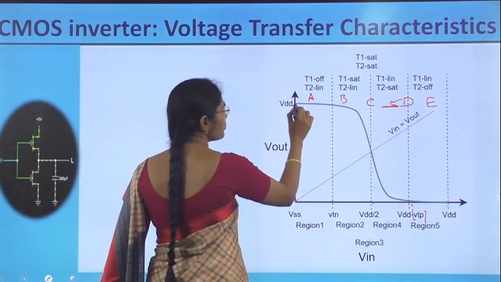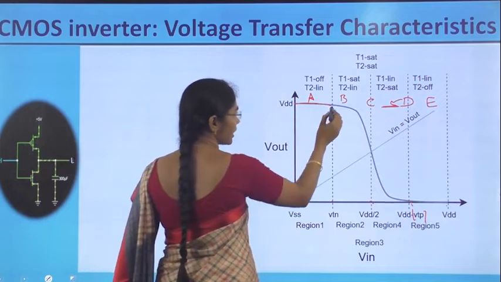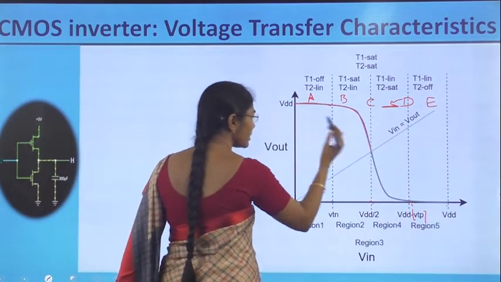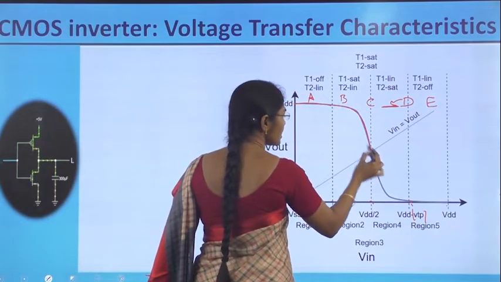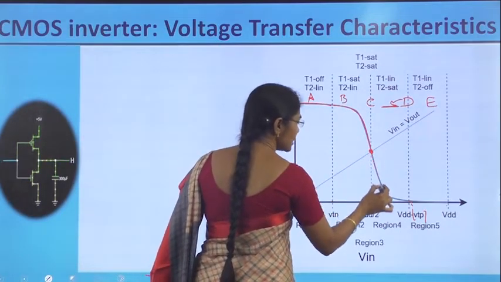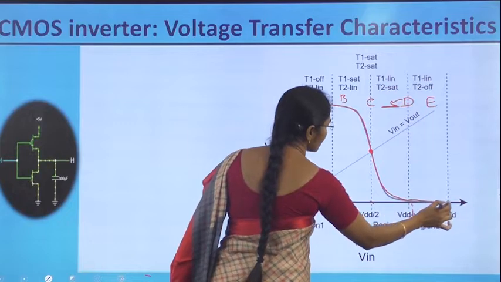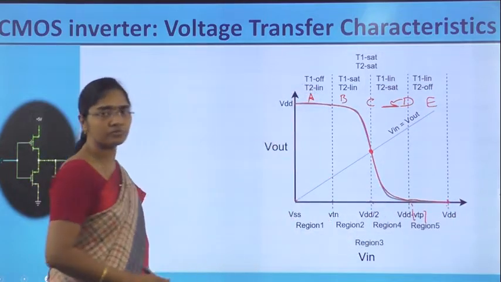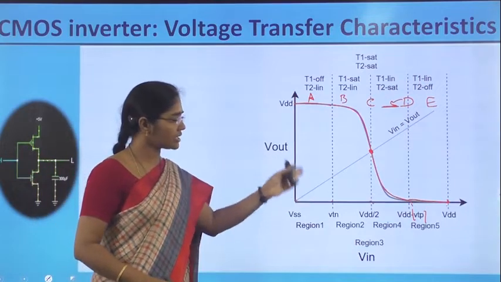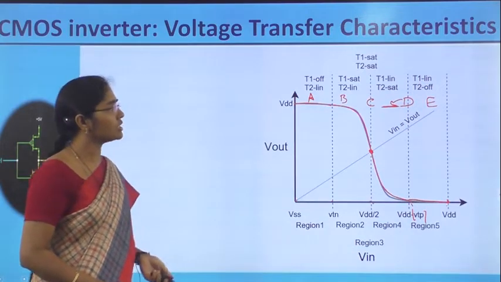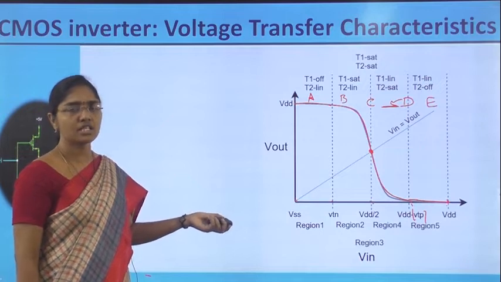In that, the output is equal to VDD and then reduces from VDD to VDD by 2; in region C, the output is equal to VDD by 2; then it is still reducing and finally reaches 0. We have seen this as a table earlier, and this is the voltage transfer characteristic of the CMOS inverter.